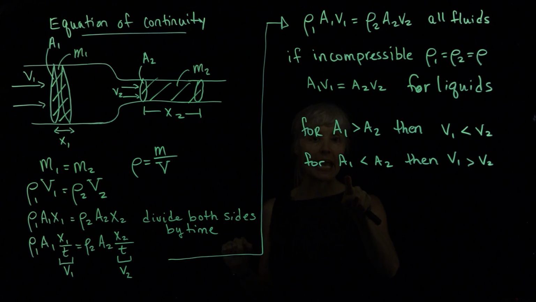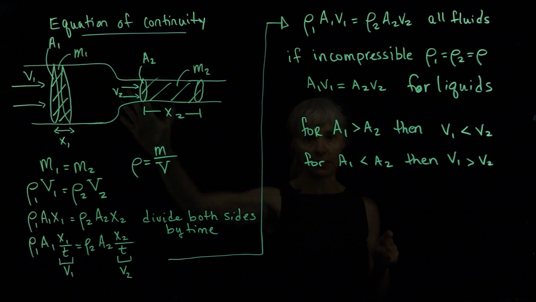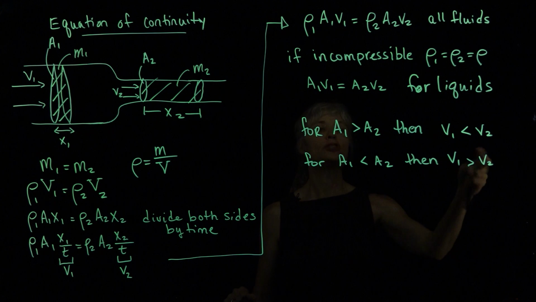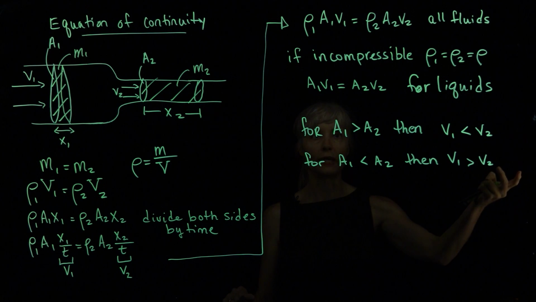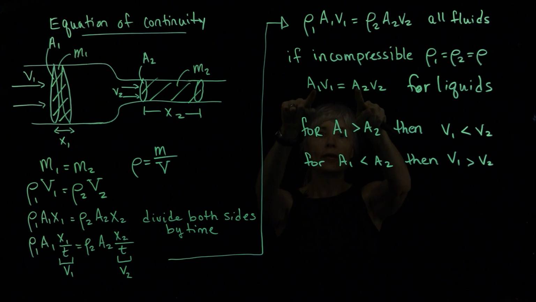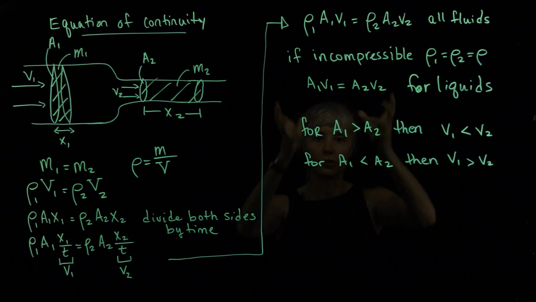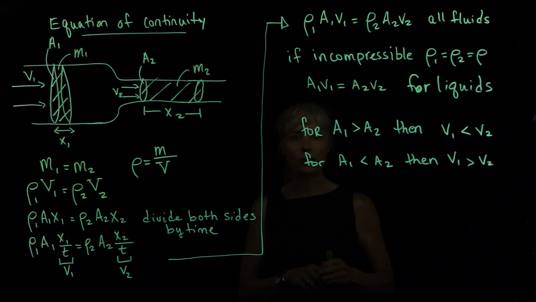If instead A1 is smaller than A2, the opposite of this scenario, then the speed again has to have a different relationship. So because of this equality, when we look at comparing the areas, if A1's bigger than A2, then v1 must be smaller than v2 and vice versa. So here's the equation of continuity.